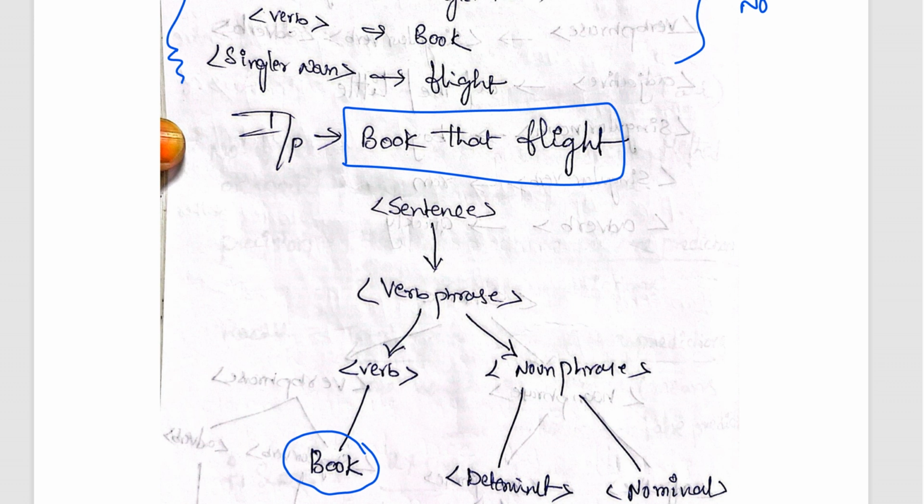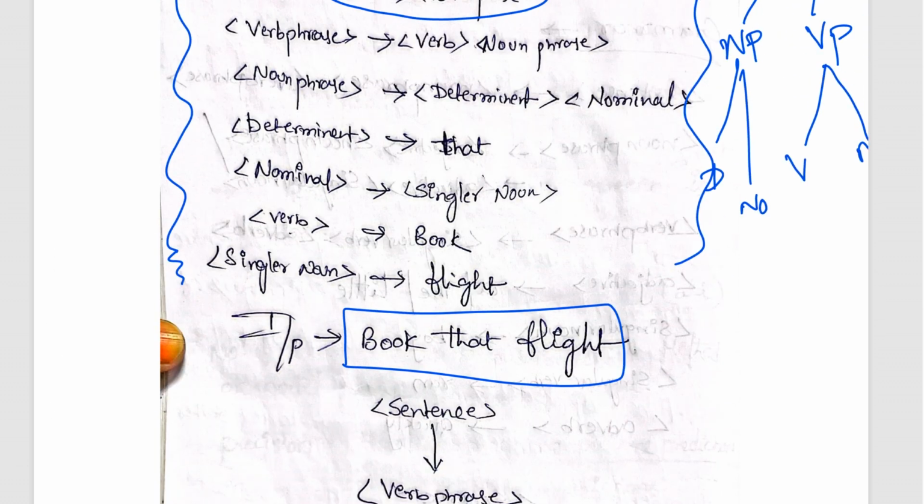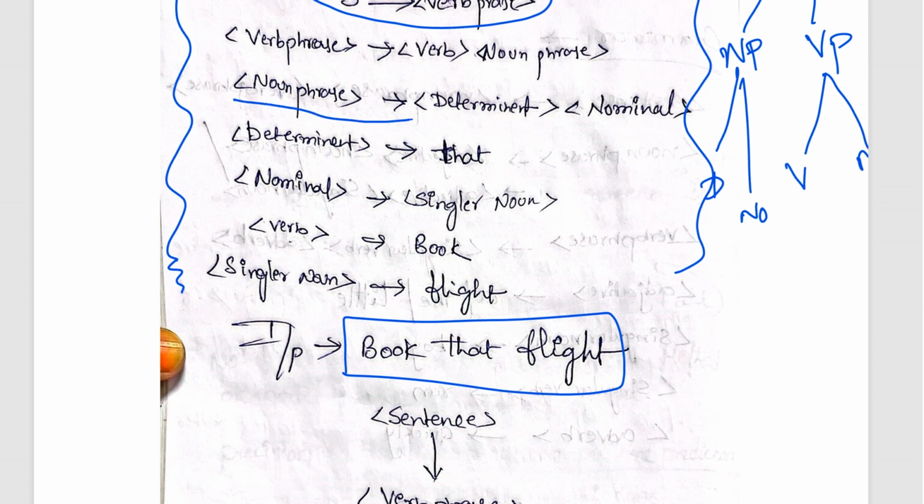So here the noun phrase is followed with, check the grammar, determinant and nominal. So determinants are that, nominals are singular nouns, and the verb available in our input sentence is book. One more singular noun we are having is flight, right? Nominal in the sense it's a singular noun.